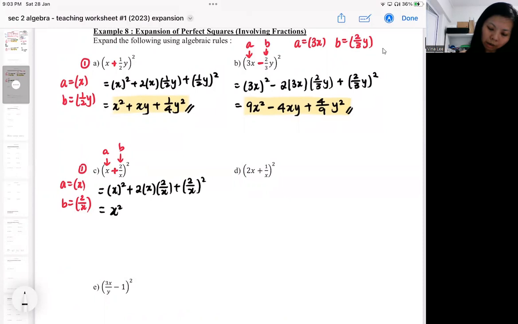Okay, this x and x actually cancel, so you are left with a 4. Here is a fraction times fraction. So a fraction squared means fraction times fraction. So you are getting a 2 times 2 and a denominator times denominator.